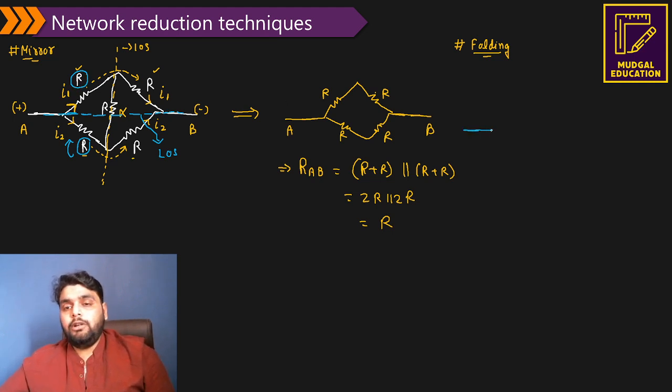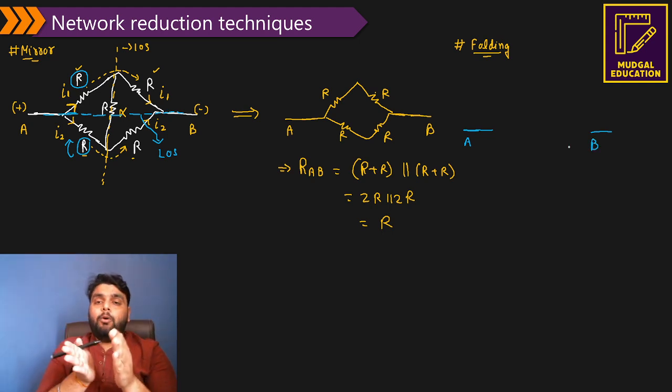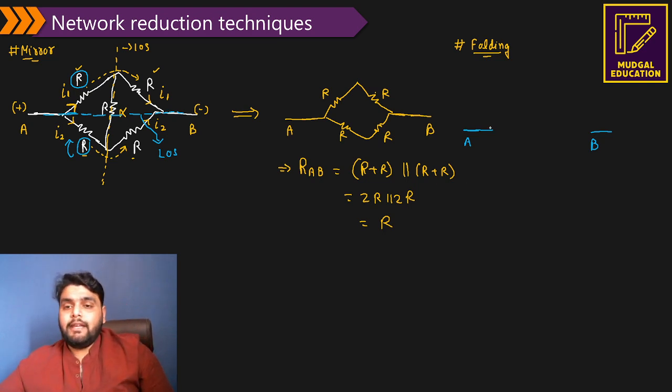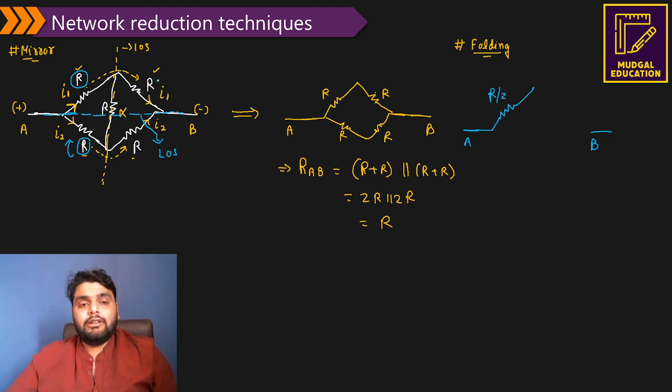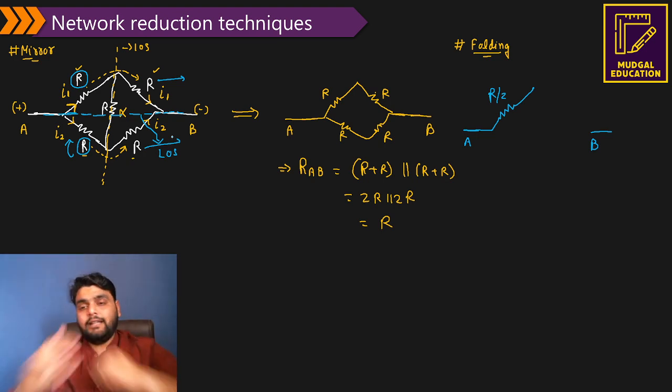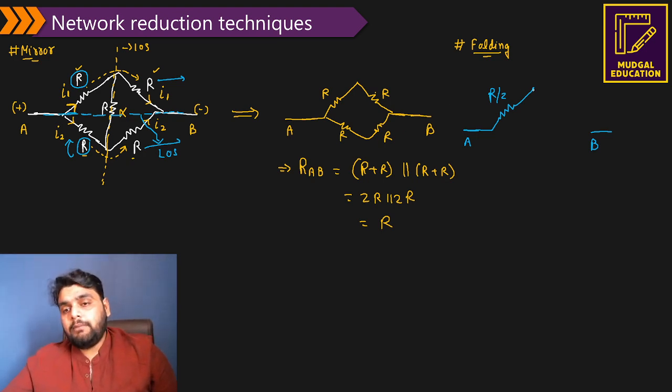If I do a folding here, both resistors R and R that I have encircled with the blue pen become parallel to each other. So can I say after folding, this becomes R by 2? Same for this resistor and this resistor. If you do a folding like this, this also becomes R by 2, and this also becomes R by 2.